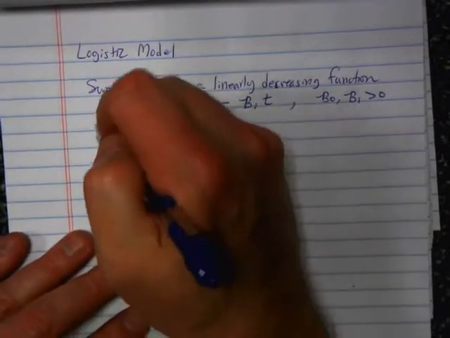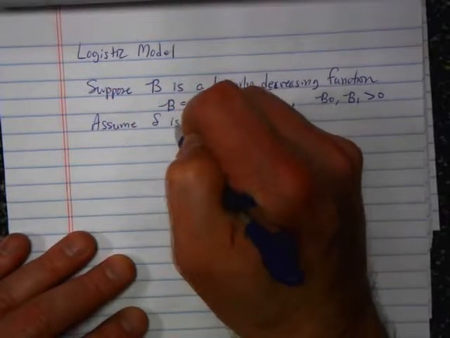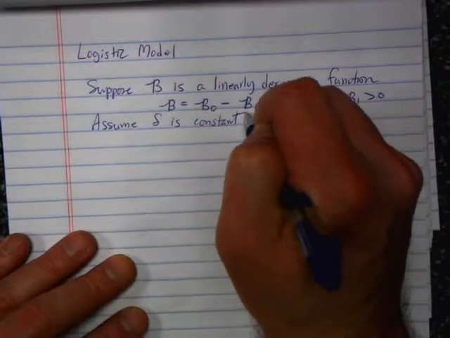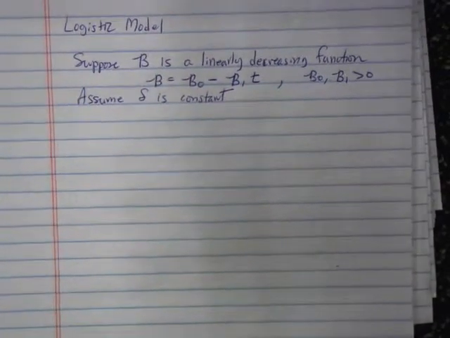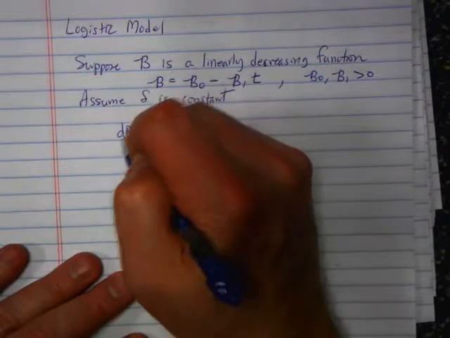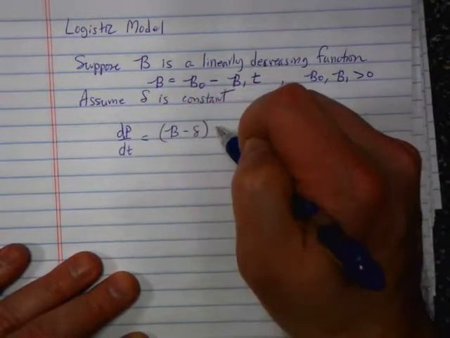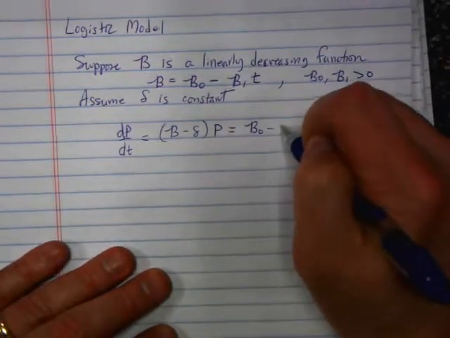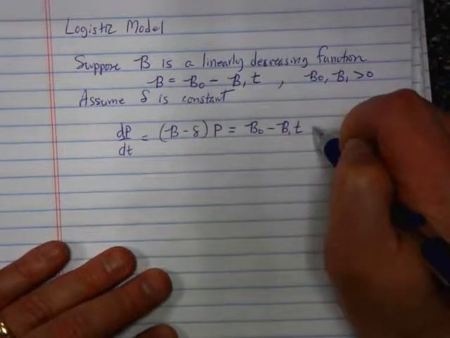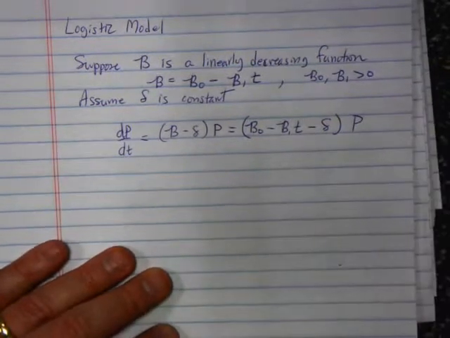Furthermore, we're going to assume delta is constant, just to make things a little bit easier. Under those conditions, our differential equation takes this form. dP/dt was beta minus delta times P. So that's going to be beta 0 minus beta 1 t minus delta, all times P.